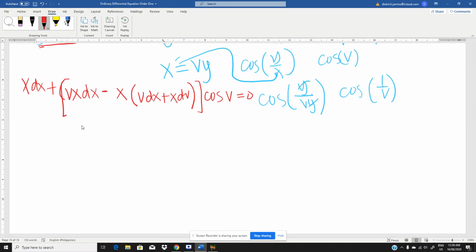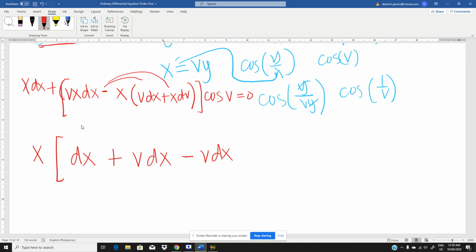And then, as you can see, factoring x, we will have x quantity dx plus v dx minus v dx minus x dv, multiplying this by, sorry, I forgot the cosine v, multiplying this by cosine of v equals to 0.